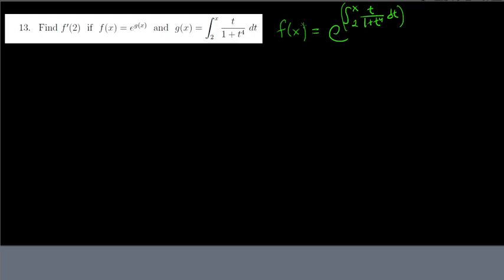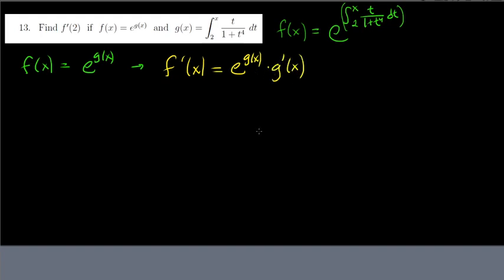So if this is the function, how do we take the derivative, right? Let's just write it as e to the g of x first. We know what g of x is. It's the integral. So how do I find the derivative of that? Well, the derivative of e to any power is just e to that power, right? Don't forget the chain rule, though. Then you have to take the derivative of the exponent, the derivative of g, right?